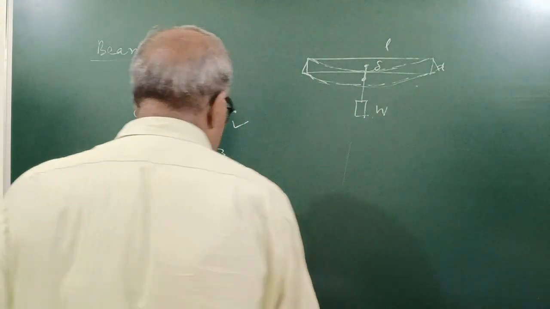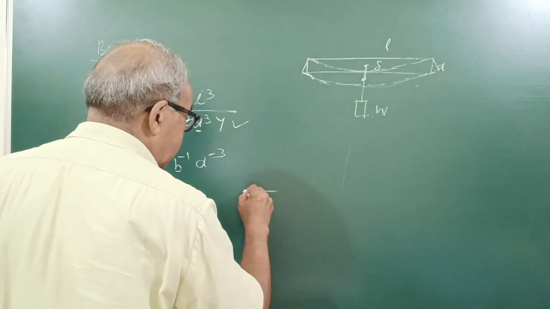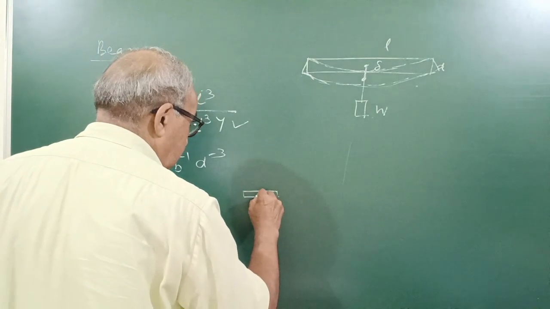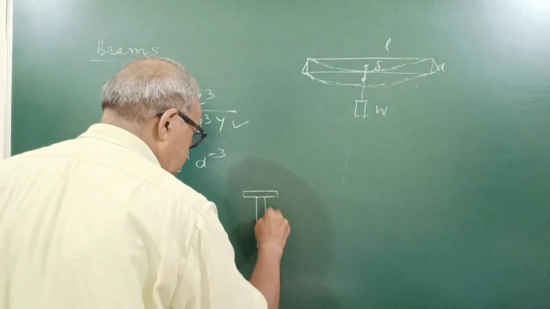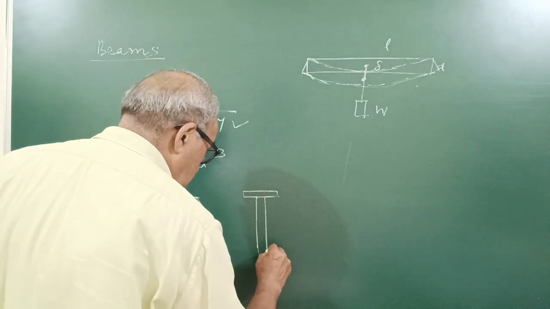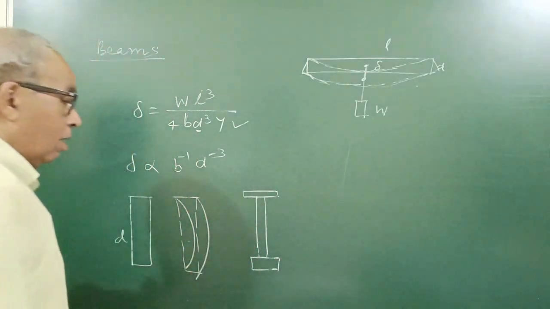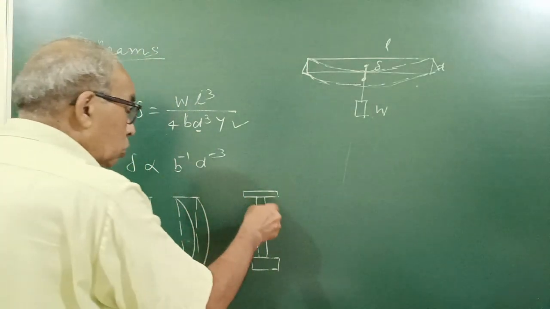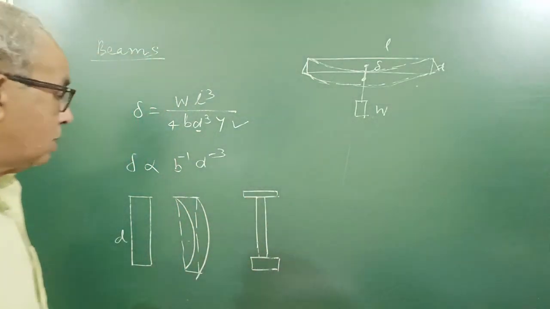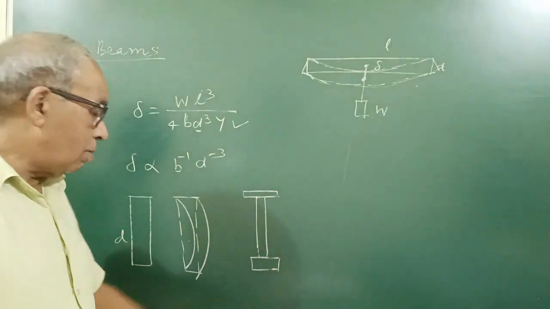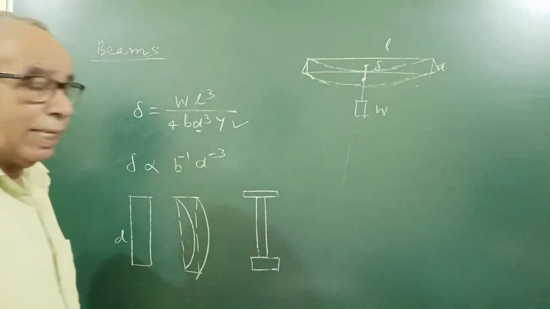We can use this I shape. Here it is. By making the ends of larger area, we reduce the weight of the beam itself. It reduces the weight and stops buckling.